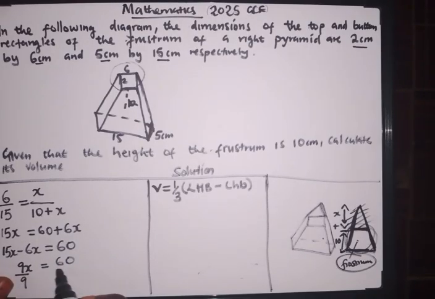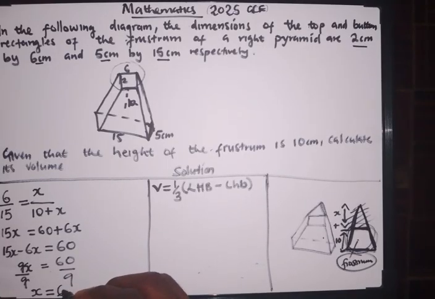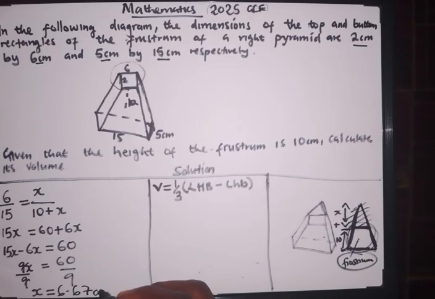Then here we can divide both sides by 9, and our x is equal to, if you punch this on the calculator, remember this is paper 2, calculators are allowed, you basically get 6.67 centimeters, if you round it off. And remember, answers in paper 2 should be left in 3 significant figures.